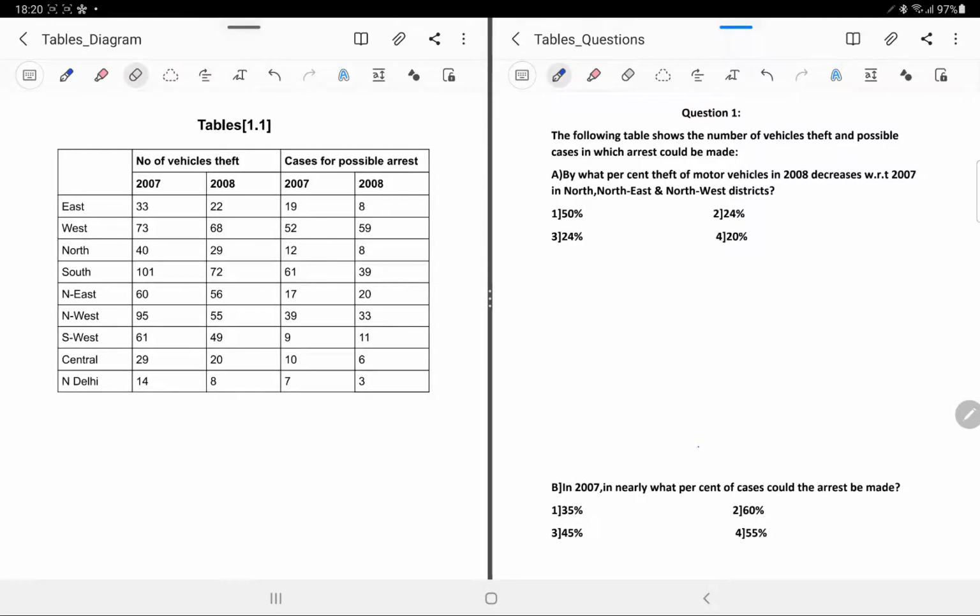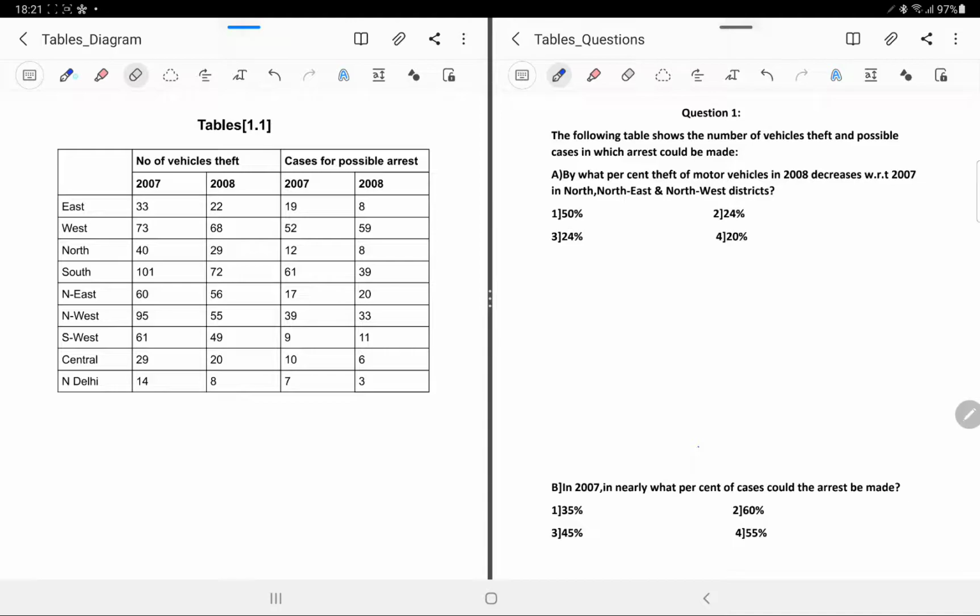Now let's try to look at this first table. The following table shows the number of vehicles theft and the possible cases in which the arrest could be made. Let's try to understand this using the instructions.